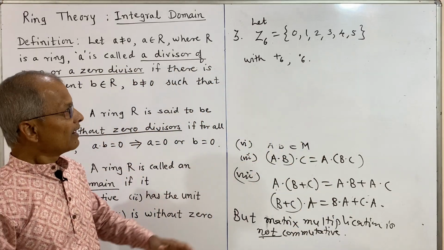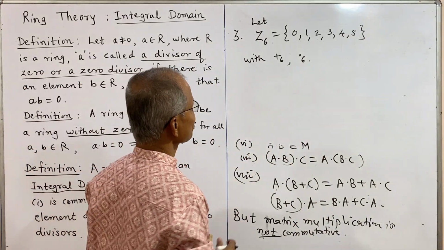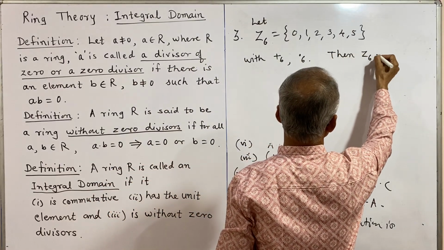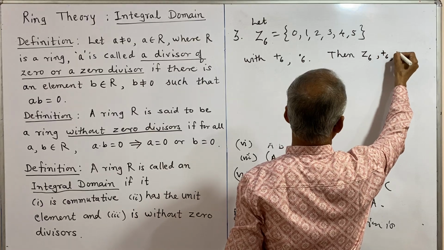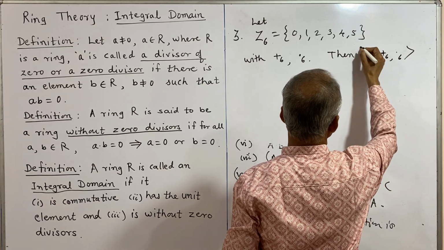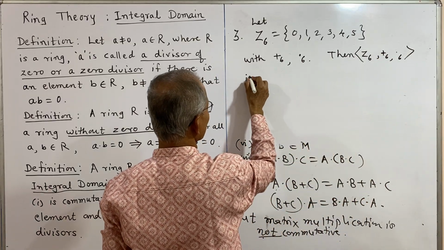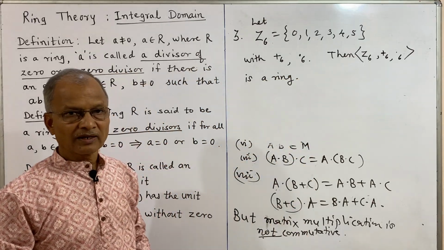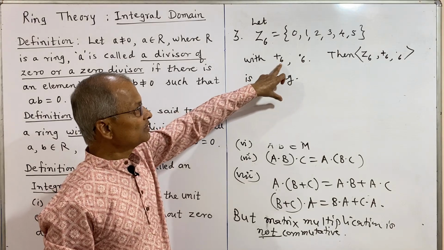We have seen earlier this forms a ring. Then Z6 under addition modulo 6 and multiplication modulo 6 is a ring. This can be easily checked by constructing a composition table.